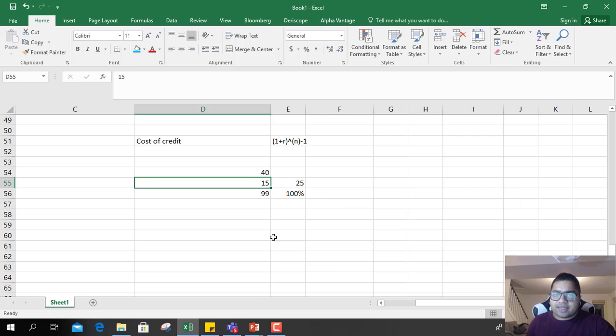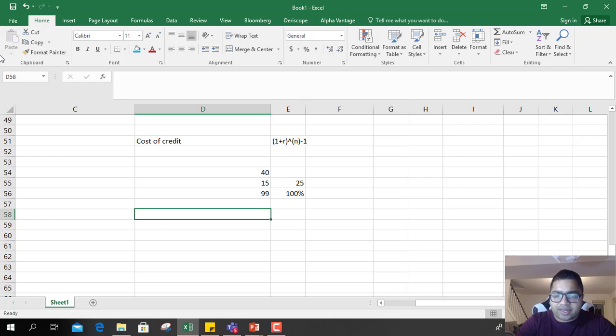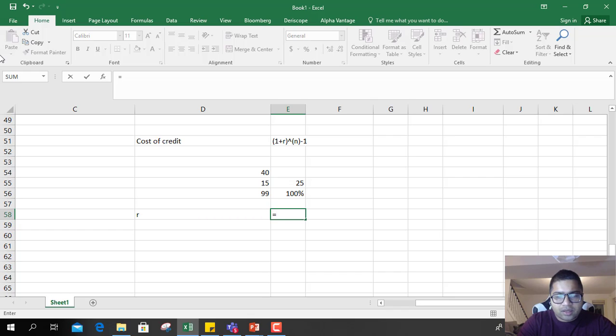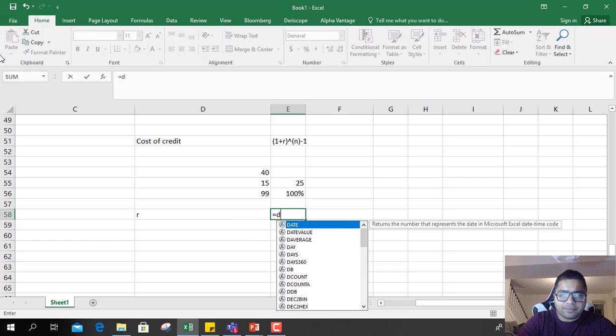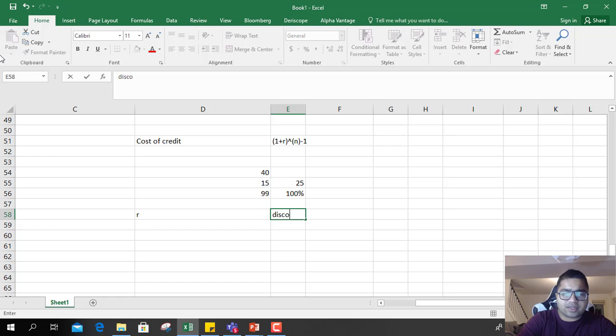The EAR is calculated as, so EAR needs 1 plus the rate of interest and n. So how to do that? What is the rate of interest? R, to put it in the formula. So R is computed as discount given divided by price after discount.